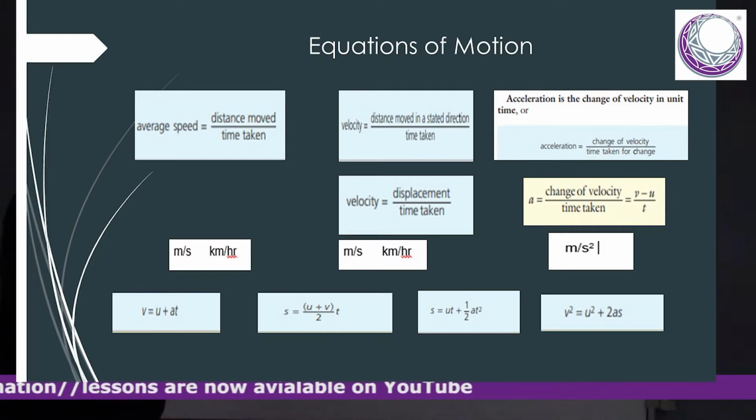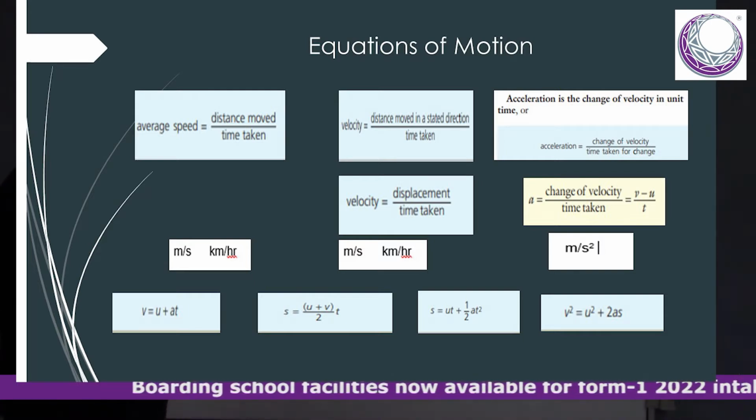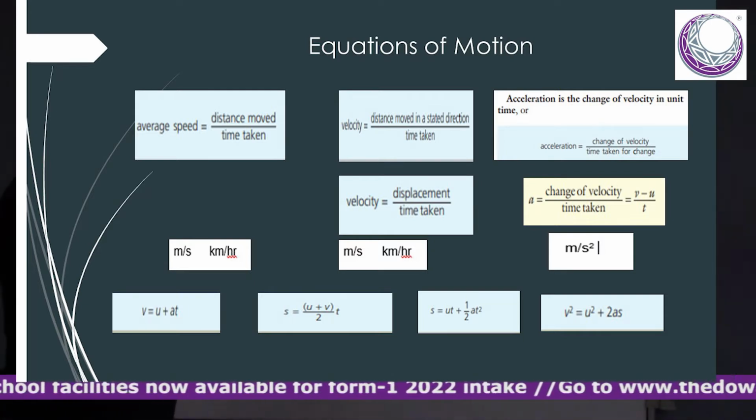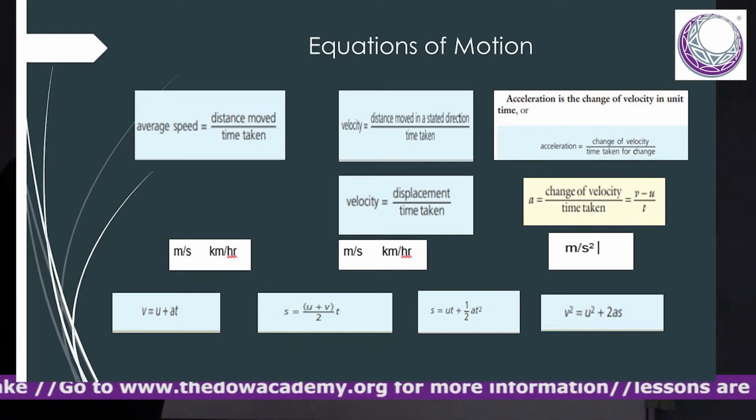We have this one, which is giving us the distance shown by the letter S. The letter S represents our distance here, small letter s. And we are saying it's equal to the average speed, which is U plus V divided by 2, multiplied by time.